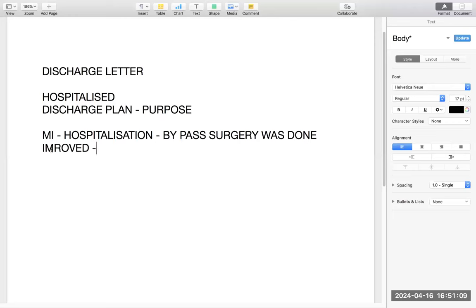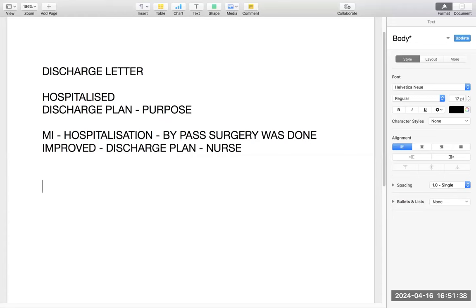If the condition improves, obviously he will get the discharge. But now, when the hospital has done its work, the patient needs follow-up care. That is basically the discharge plan. So we will write to the nurse: please follow this discharge plan to make the patient feel better. These kinds of letters are known as discharge letters.